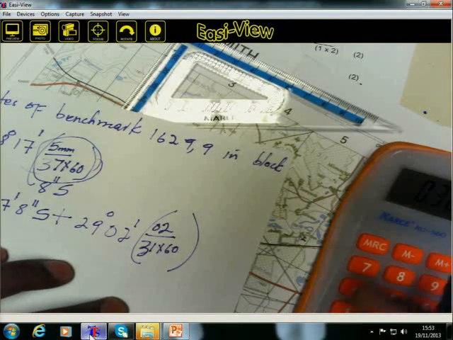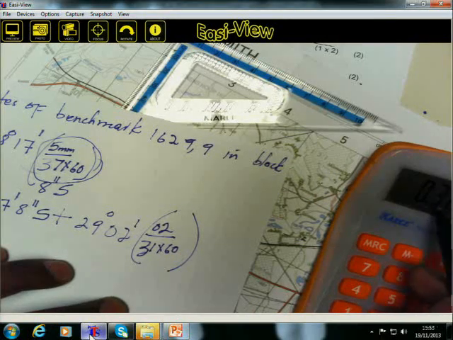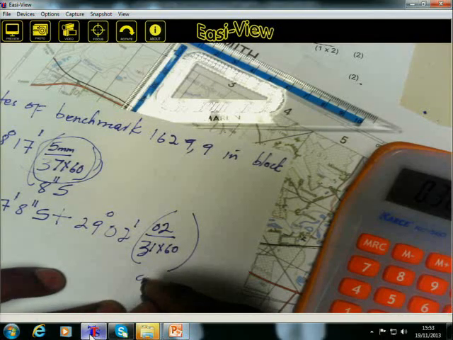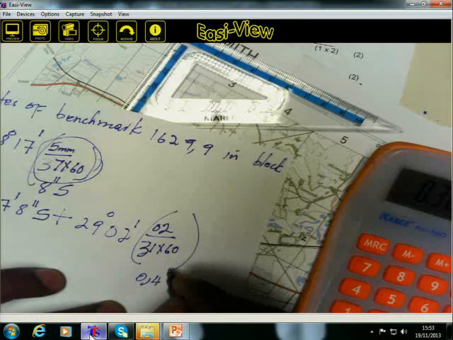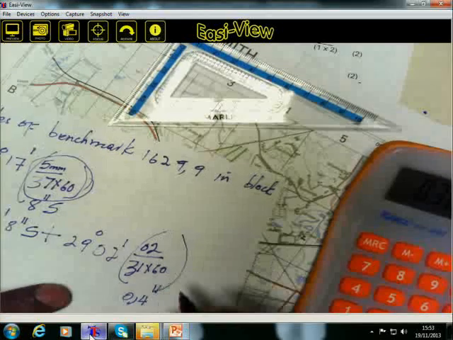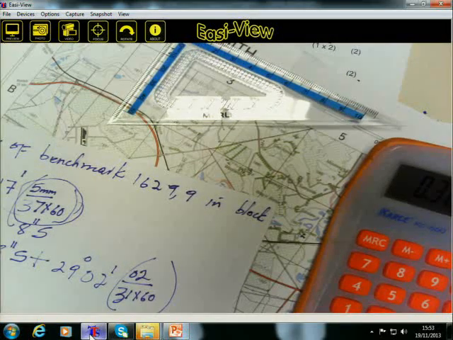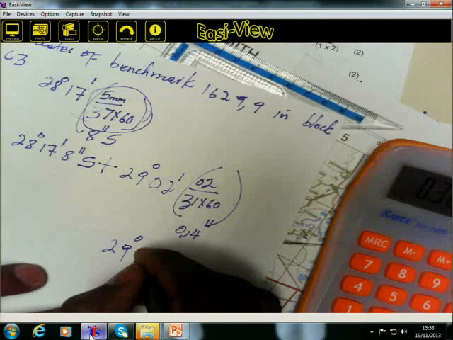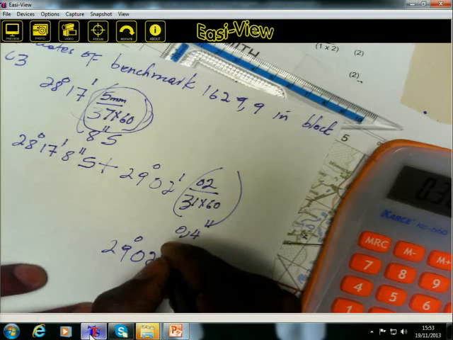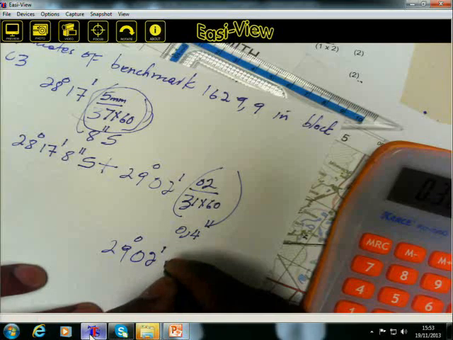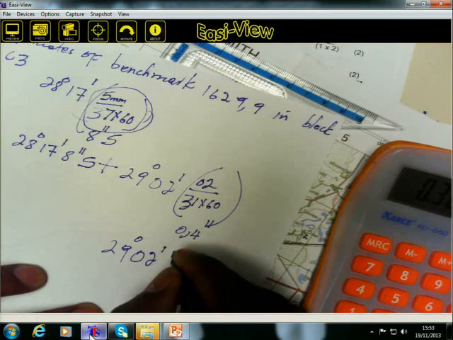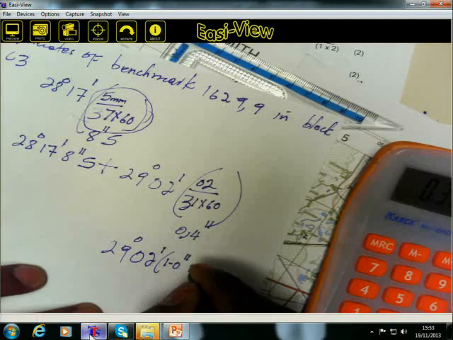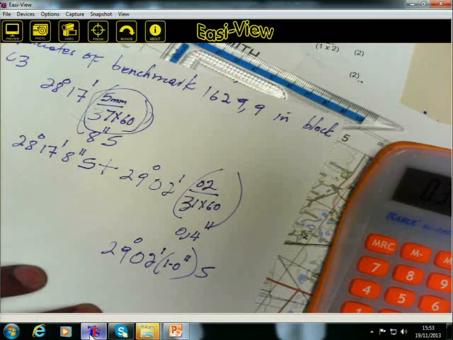It gives you 0.38, which will mean 0.4 seconds. In total, it will be 29 degrees 02 minutes, and then almost between 1 and 0 seconds, and the direction will be east.